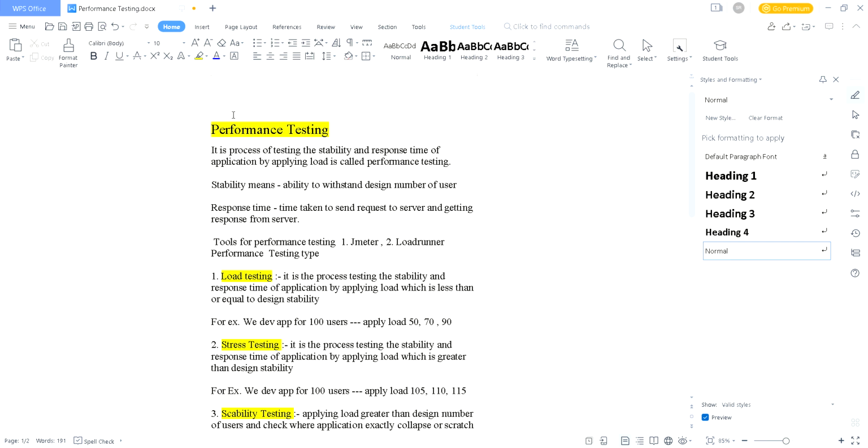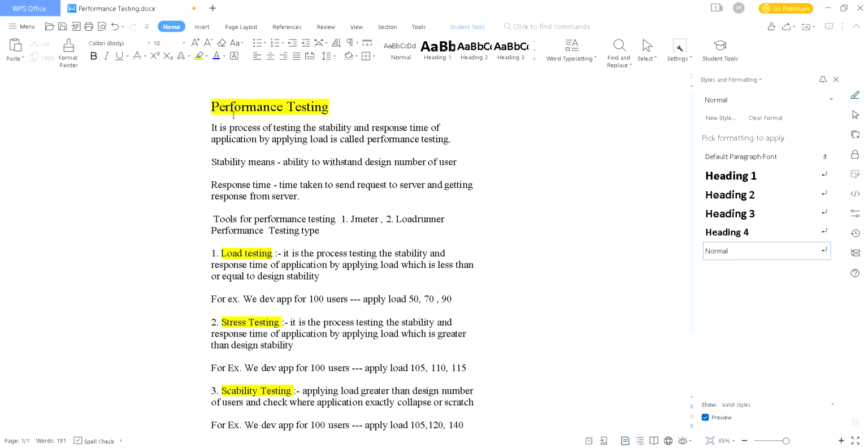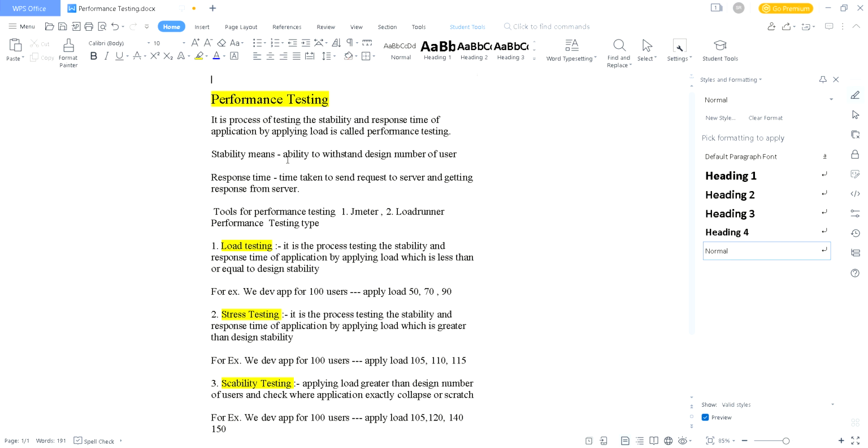Whenever the interviewer asks a question, we have to explain first with the definition, and after that provide one example of that particular testing. If you are explaining load testing in an interview, first explain what load testing is: checking the stability and response time of an application by applying a load less than or equal to the designed number of users.